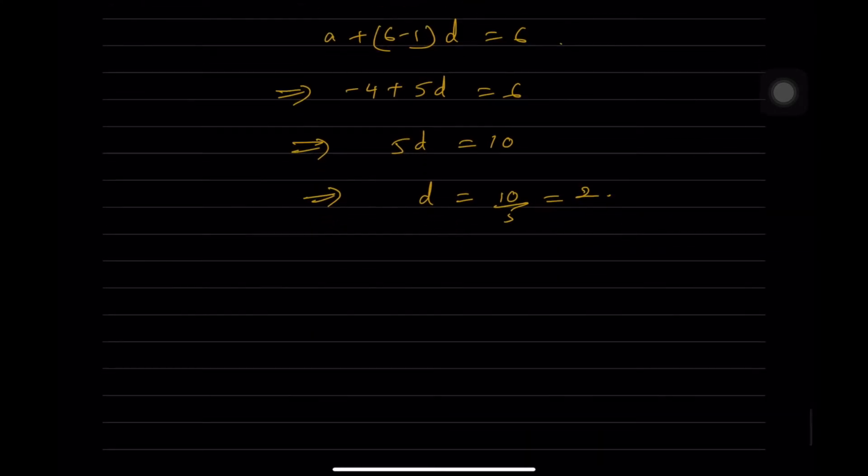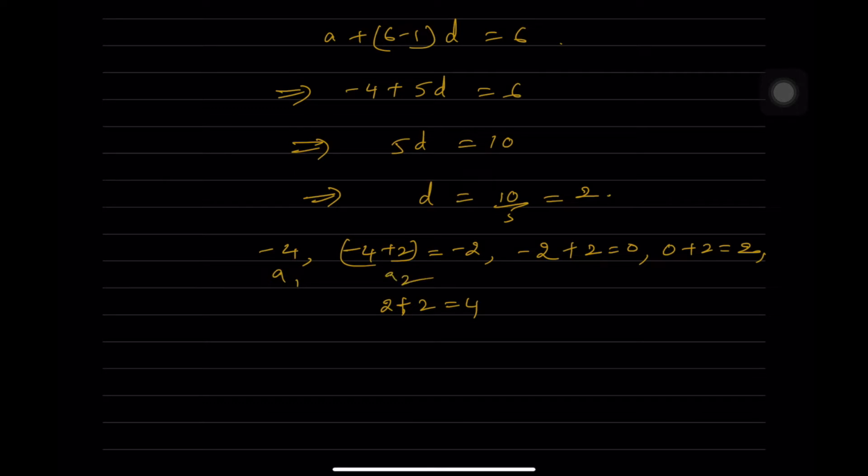So now here minus 4 is the first term, minus 4 plus 2 is the second, which is equal to minus 2, minus 2 plus 2, which is equal to 0. Then 0 plus 2 is equal to 2. Then 2 plus 2 is equal to 4. So totally this is A1, A2, A3, A4 and A5.